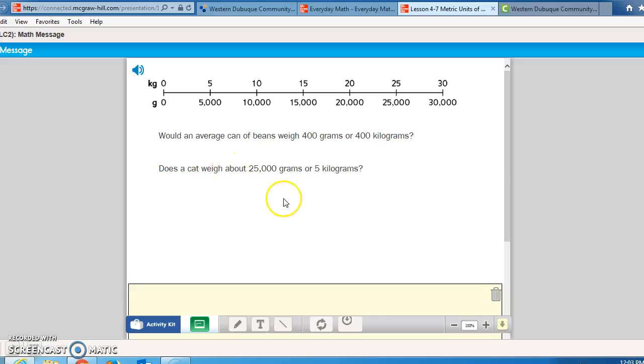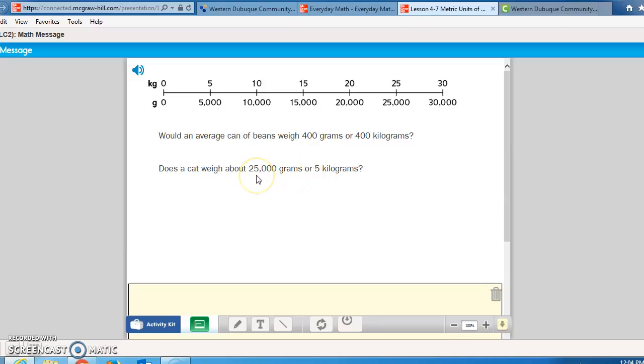Would a cat weigh 25,000 grams or 5 kilograms? Again, think how much a half gallon of milk would weigh. Would a cat weigh 5 times that amount? Hopefully you're realizing that no, it would not.